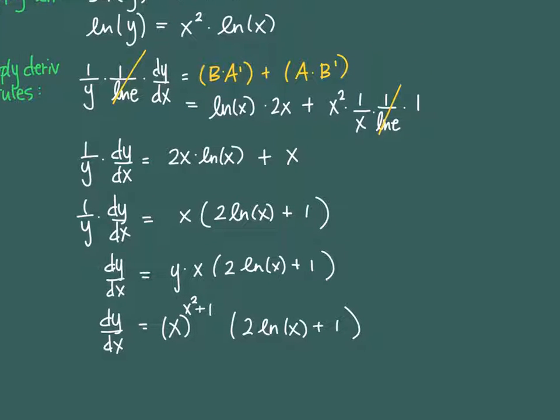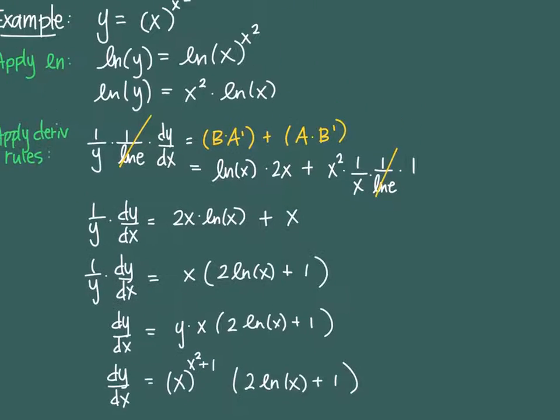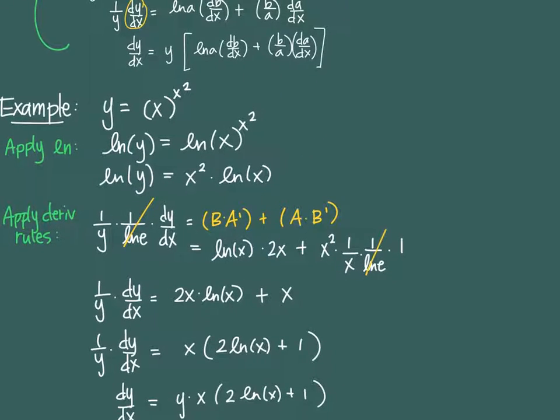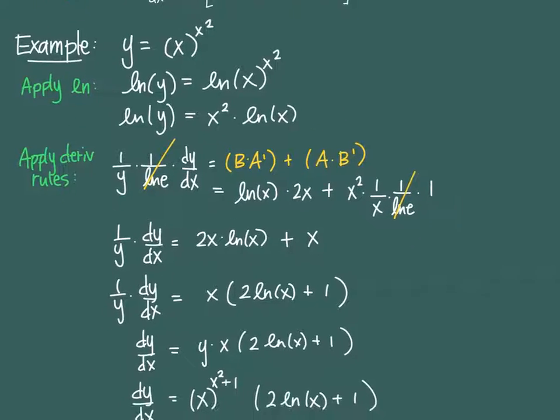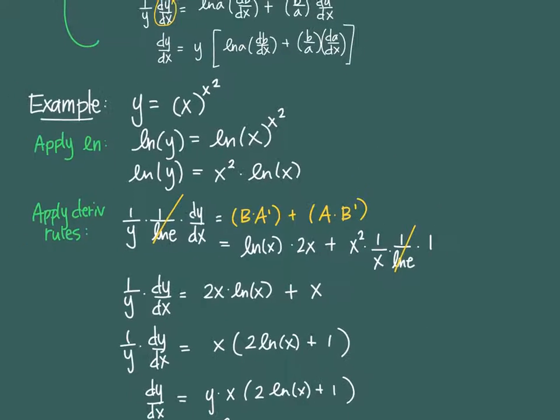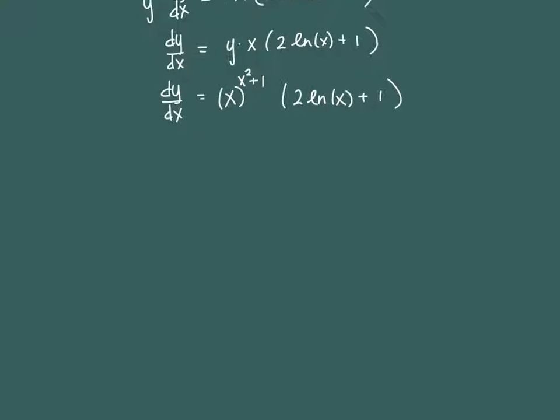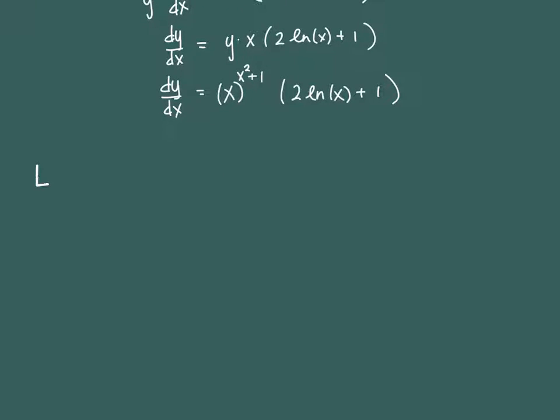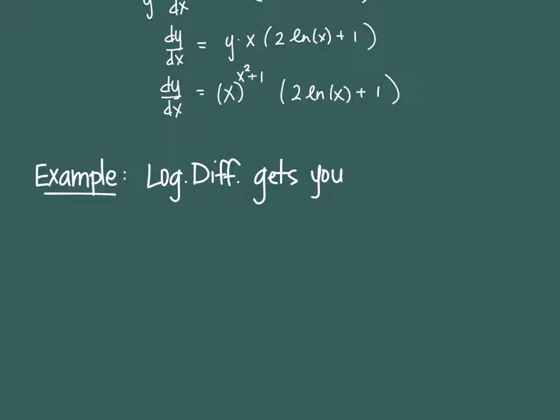So this logarithmic differentiation is awesome in that situation where you have a variable in both. I'm going to show you one other example of when logarithmic differentiation is great. And I'm going to propose to you that logarithmic differentiation gets you out of the quotient rule.